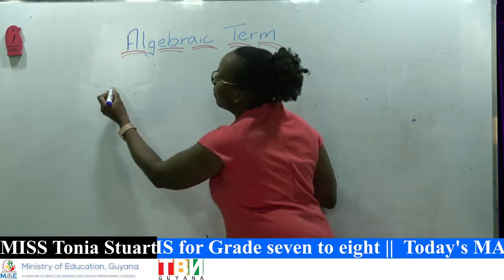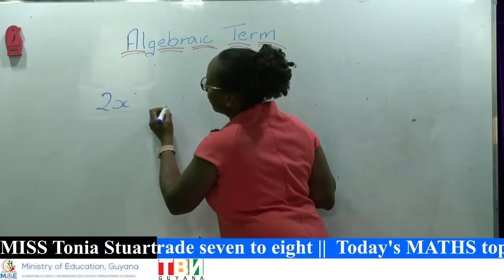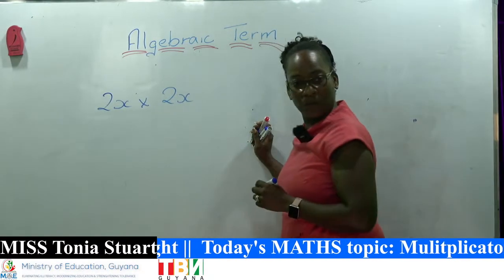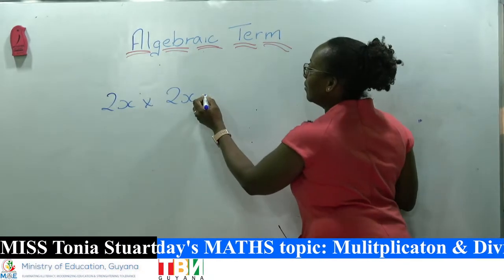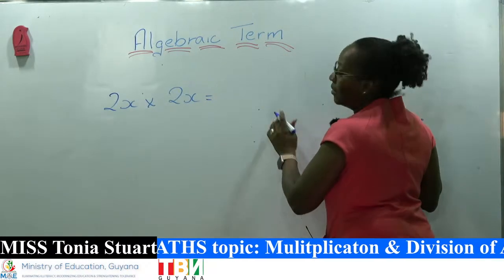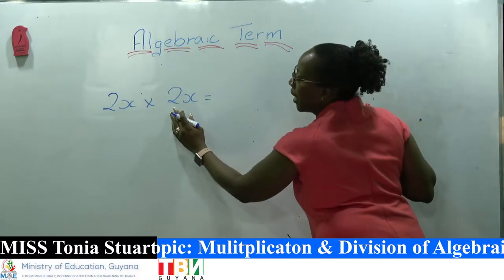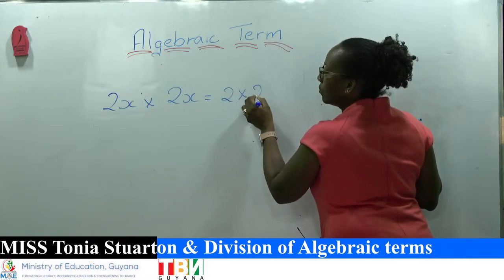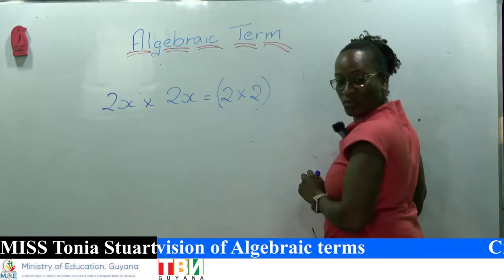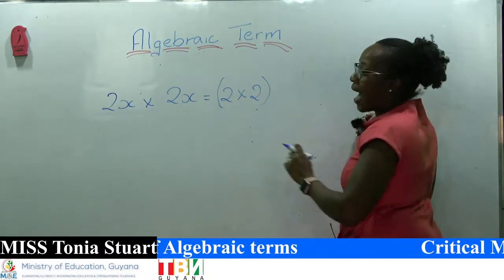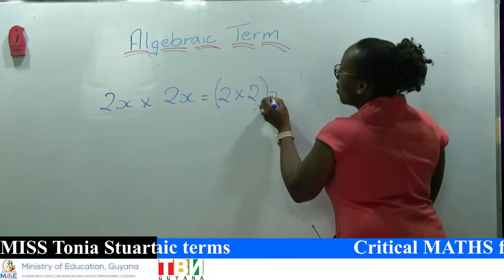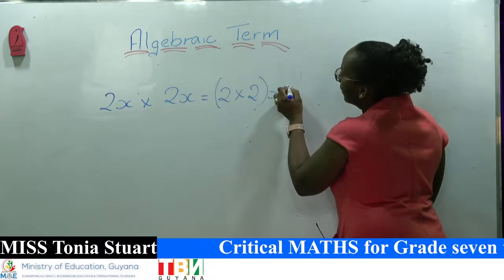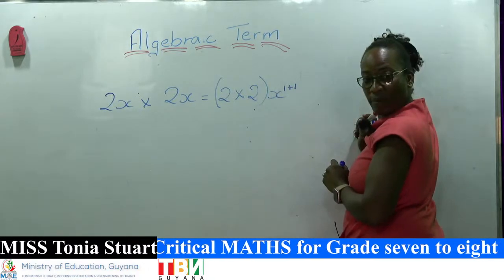Right? So we have 2x multiplied by 2x. Good? So we're actually saying that we have 2 multiplied by 2, the coefficients, and for the variables, how many x's do you have there? 2 x's. So we have 1x plus another x. Agree?